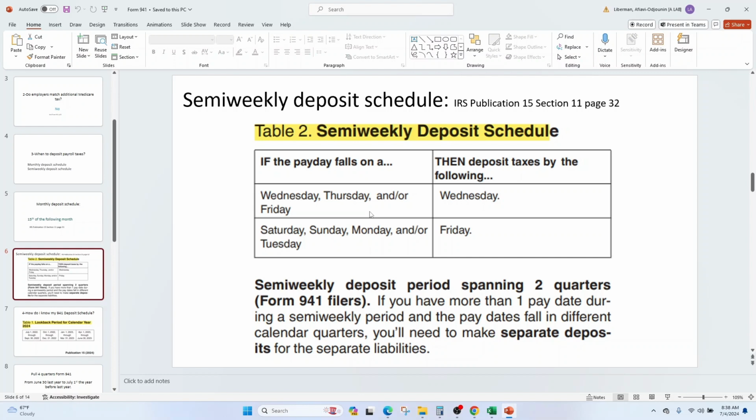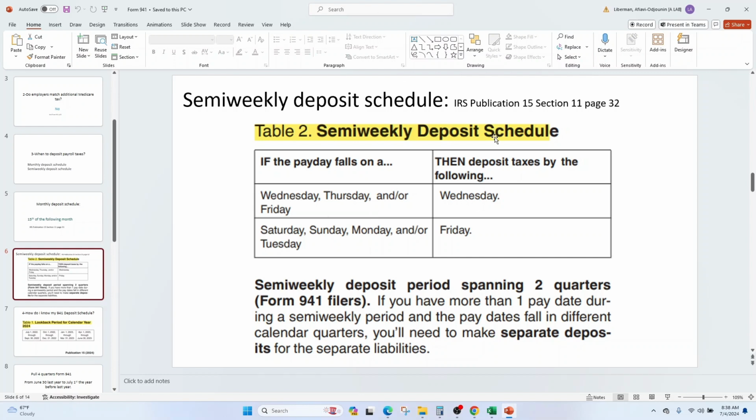Does that make sense? So when you pay people on Wednesday, Thursday, and Friday, the following Wednesday you make a deposit. When you pay people Saturday, Sunday, Monday, Tuesday, then Friday of that week you make a deposit.